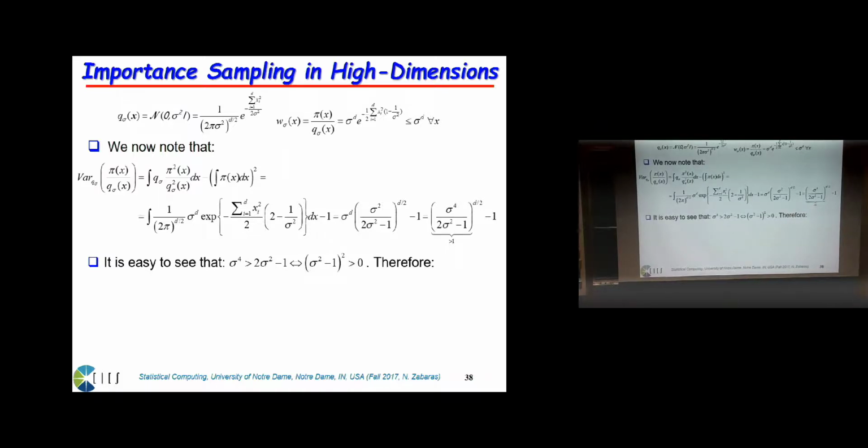So you have something greater than 1 to the power d, where d goes to infinity. So the variance of the weights goes to infinity, so forget about it. Okay? So basically, importance sampling doesn't work in high dimensions.